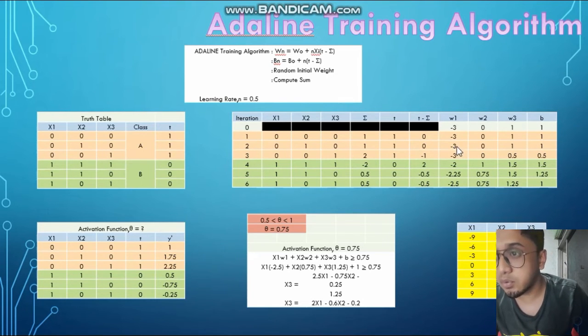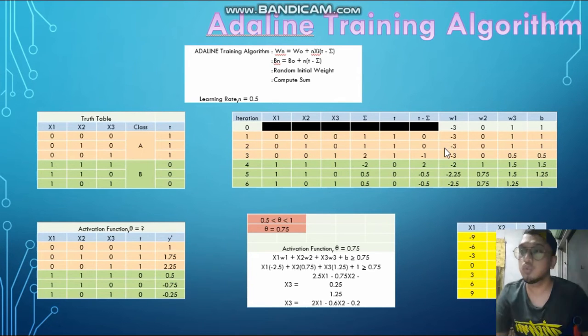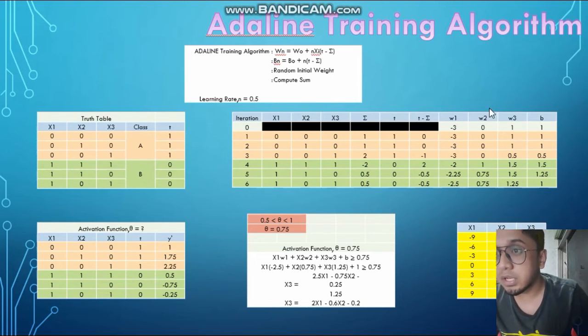After we calculate, we get -3. For w2, w old is 0, plus 0.5 times x2, which is 1, and then times 0, which is t minus summation. After we calculate, we get 0.